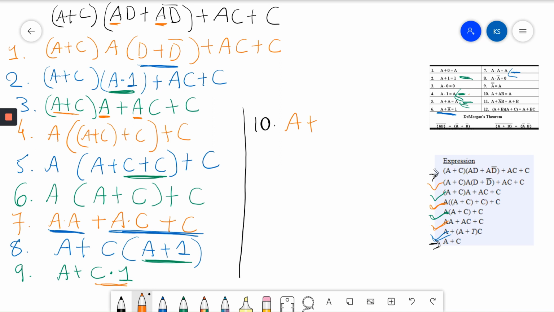So c dot 1 will be my c. So finally I got a plus c, and this is my simplified expression, we can say. So as you can see, on each and every step you need to apply some mathematical rule, and also sometimes you need to apply these simplification rules for Boolean algebra.